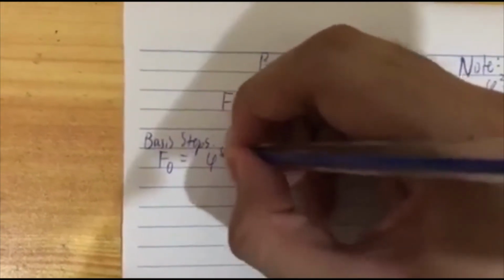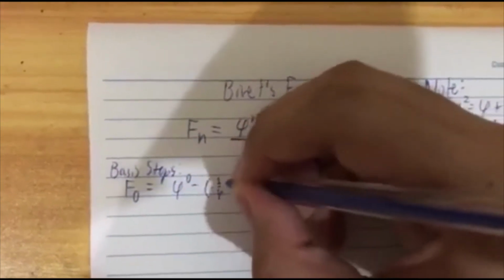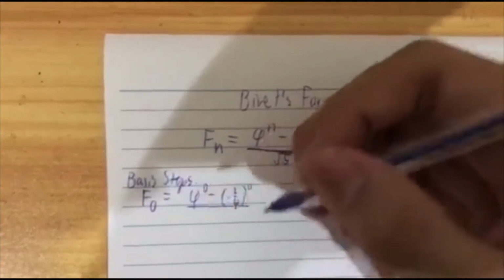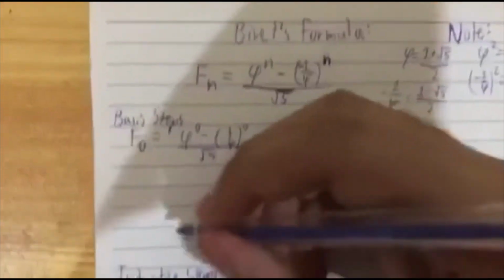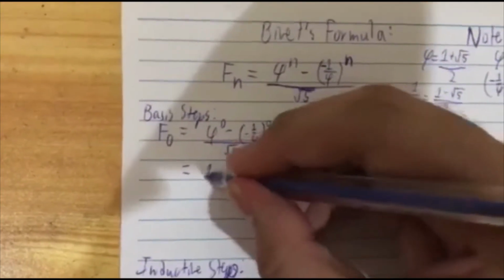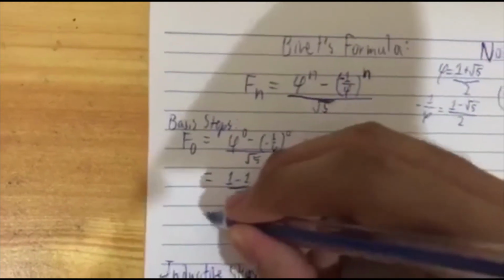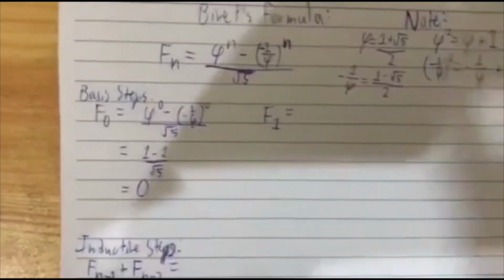For f sub 0, we get which is equal to which simplifies to 0, which is in fact f sub 0.